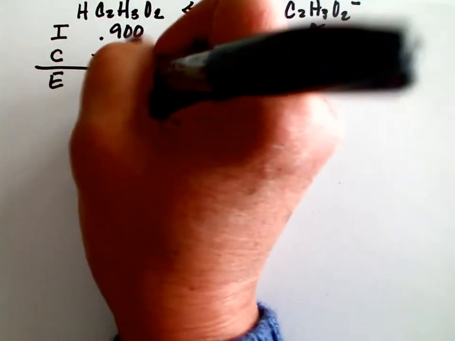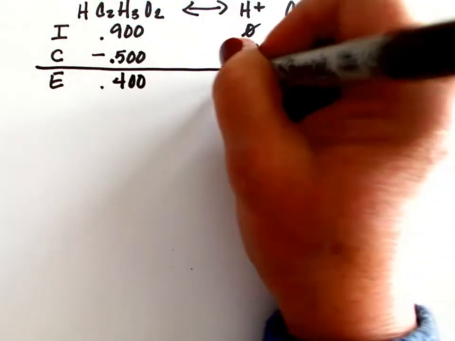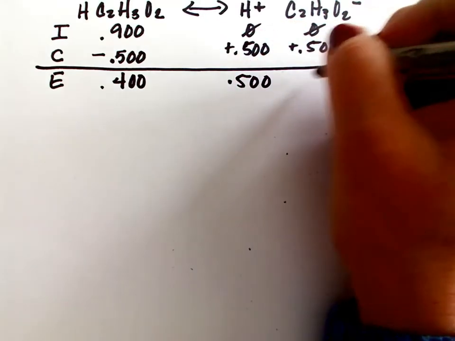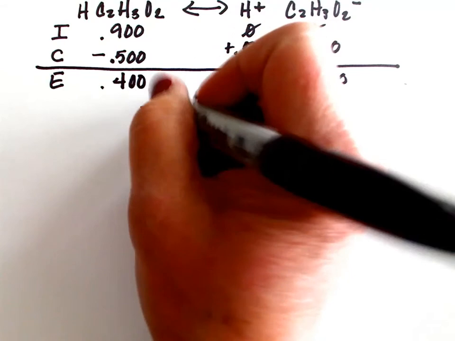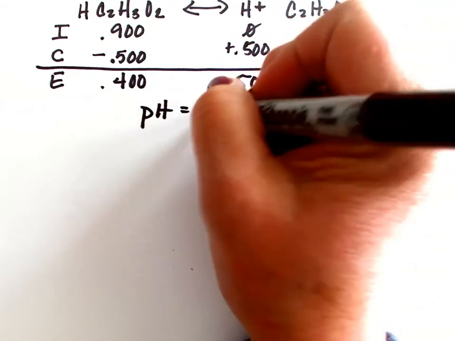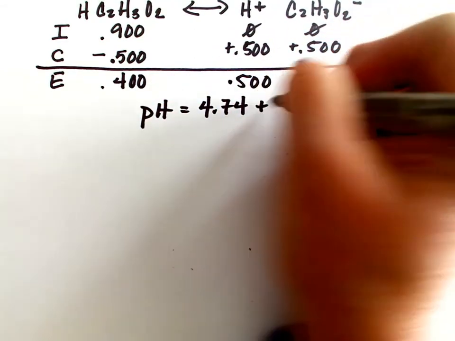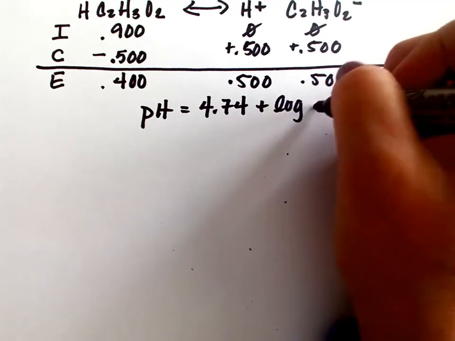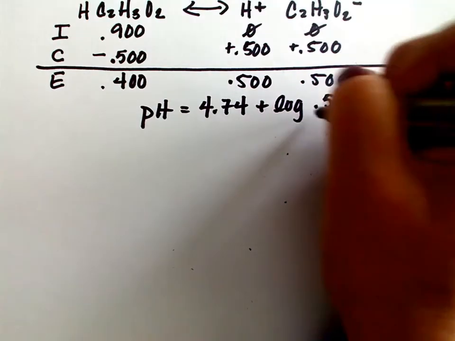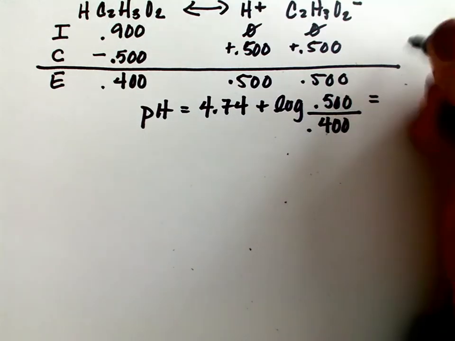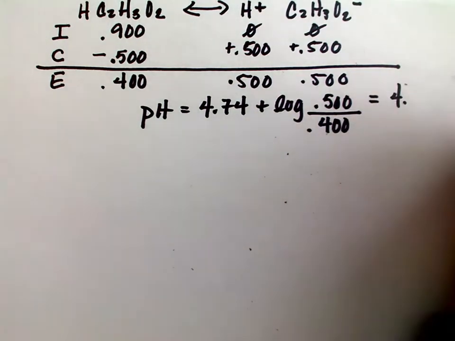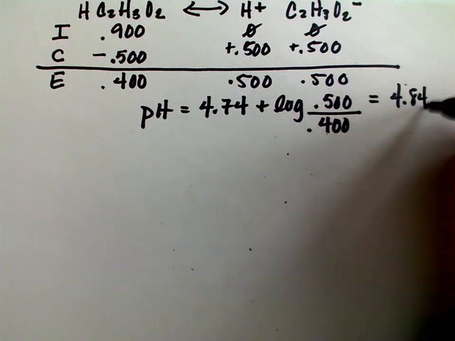So we just need to calculate our equilibrium concentrations and plug that into the Henderson-Hasselbalch equation. pKa of acetic acid, and we have a pH of 4.84.